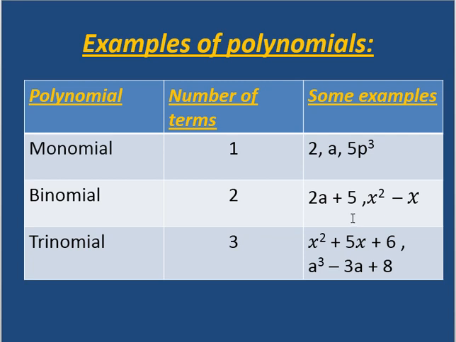Similarly, x square minus x, x square is the first term and minus x is the second term. So it is also a binomial. Now trinomial. Trinomial means how many terms? 3. Now x square plus 5x plus 6. This one is the first term, then second term, then third term. So we have how many terms here? 3, and this is called a trinomial. Similarly, this expression also has 3 terms and it is also called a trinomial.